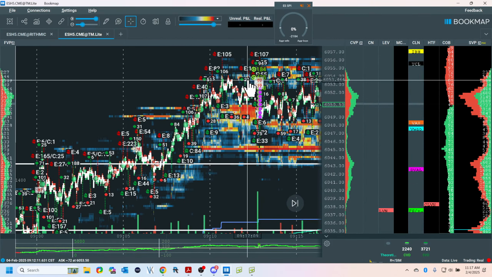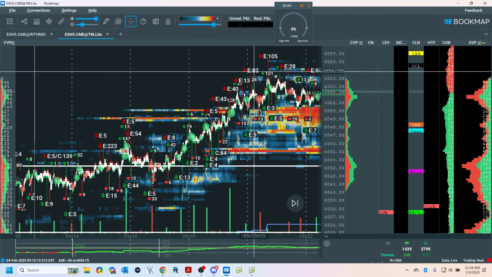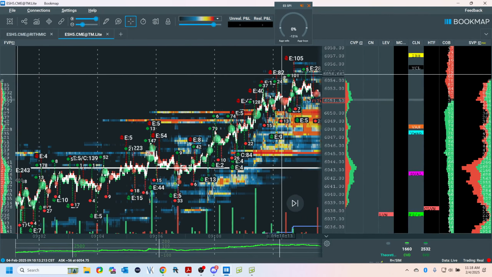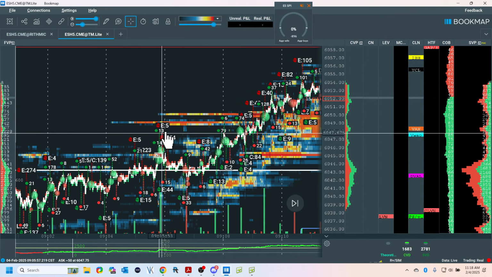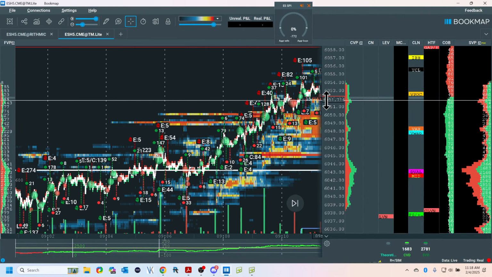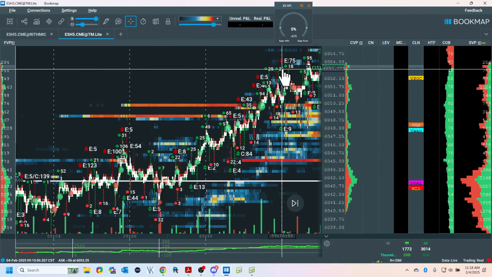Let's mark it. We're just going to put a line here. Let me move this over so I have it accurate. This is the chart volume profile. It's only showing me what's on the chart, so I can isolate this so I can see where the volume is in this structure.